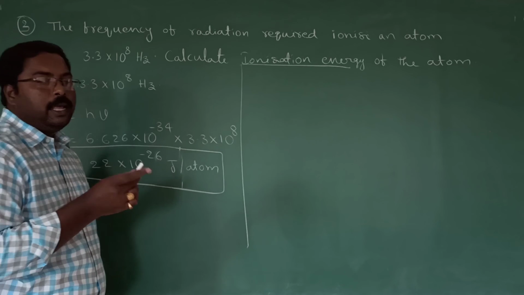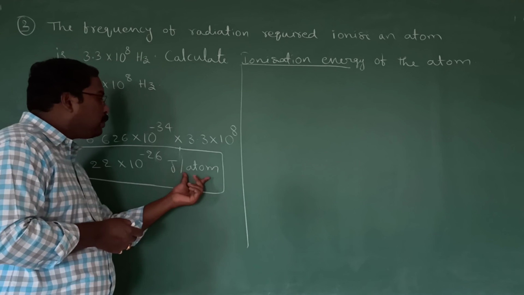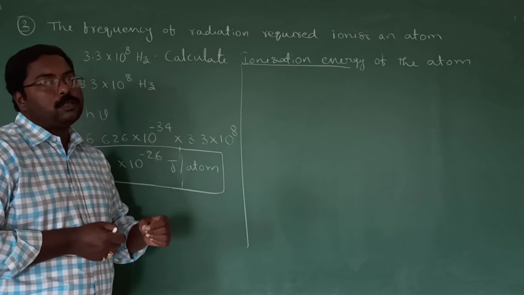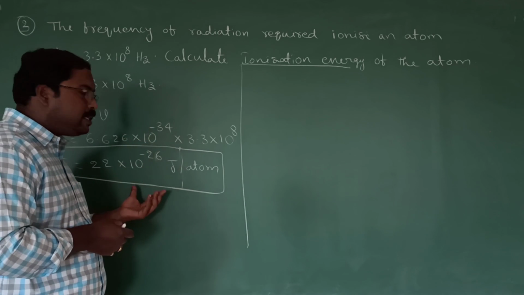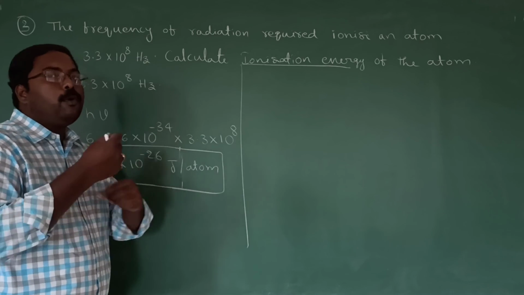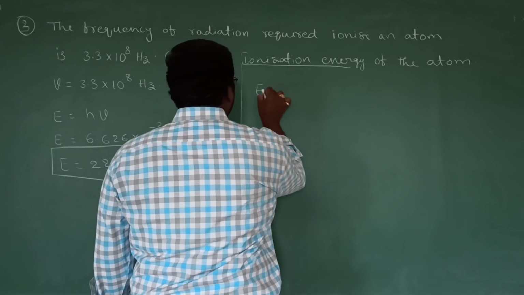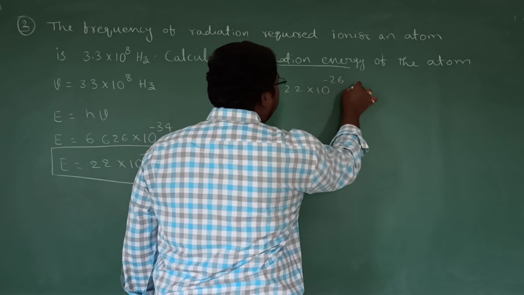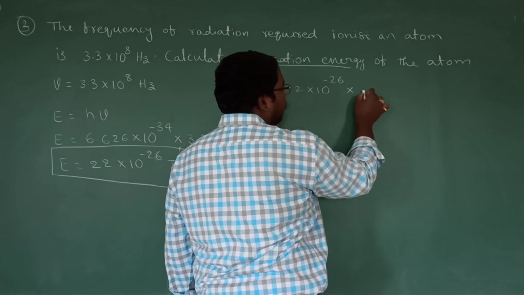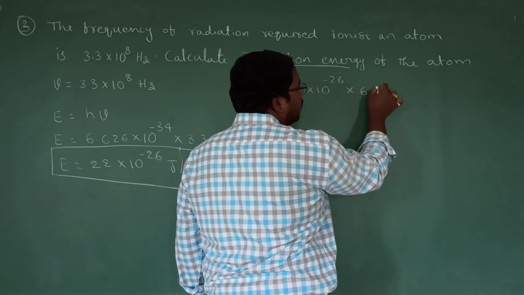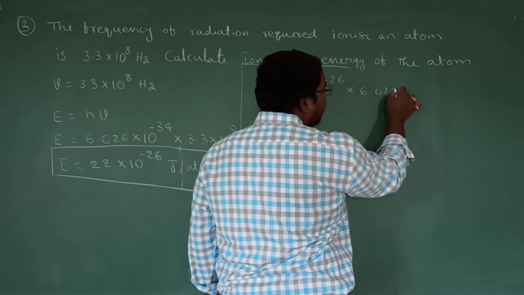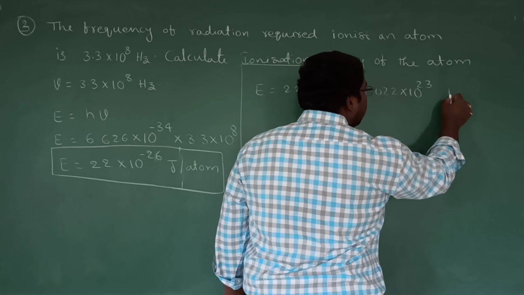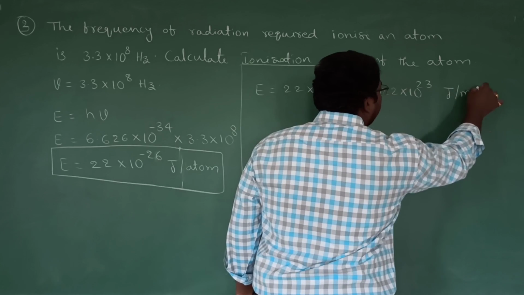If the options are given in terms of joules per atom, this is the final answer. If they give the answer per mole, how to convert? This is the energy per one atom. Per mole, if you want, this value into Avogadro's number. Okay? Avogadro's number, how much? 6.022 into 10 to the power 23, if you do, we will get energy per mole.